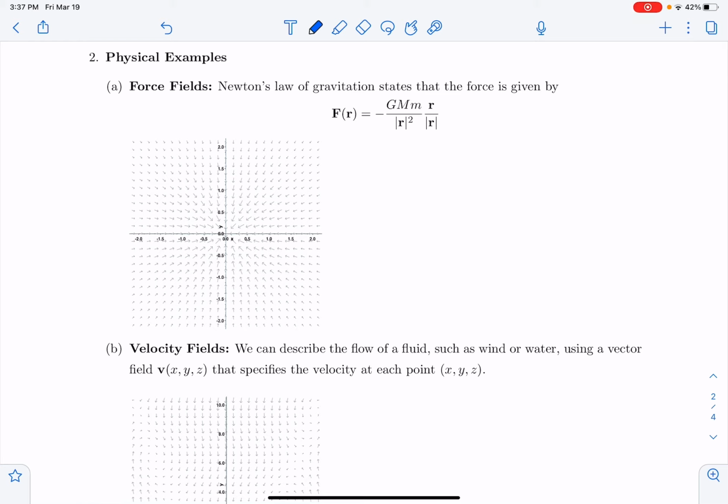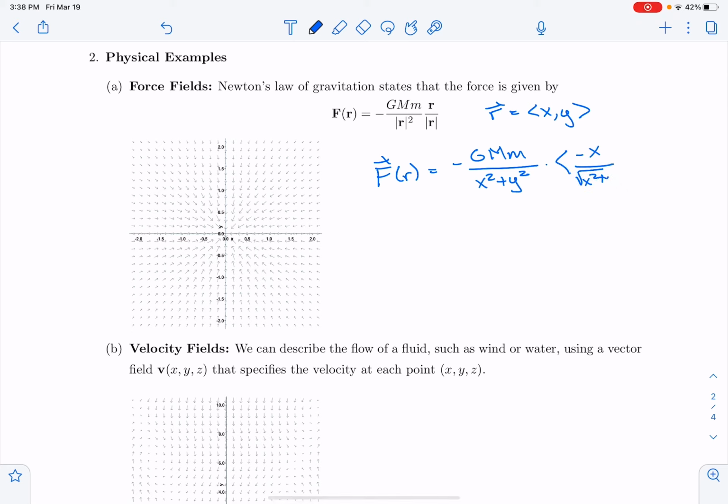If we're going to look at this, say, in 2 dimensions, okay, then F of r we can think of as negative G m over x squared plus y squared times the unit vector associated with r, which is going to be minus x over the square root of x squared plus y squared, and then minus y.